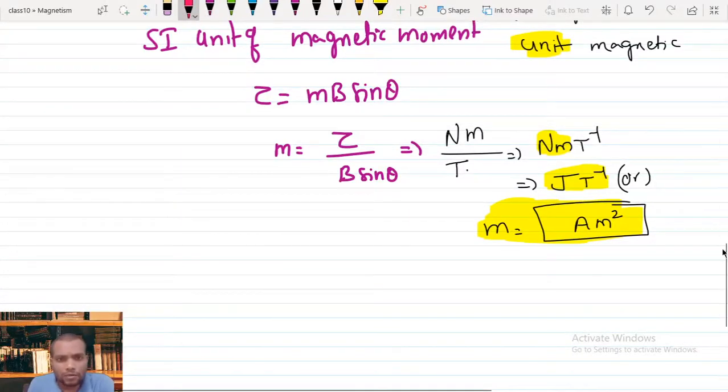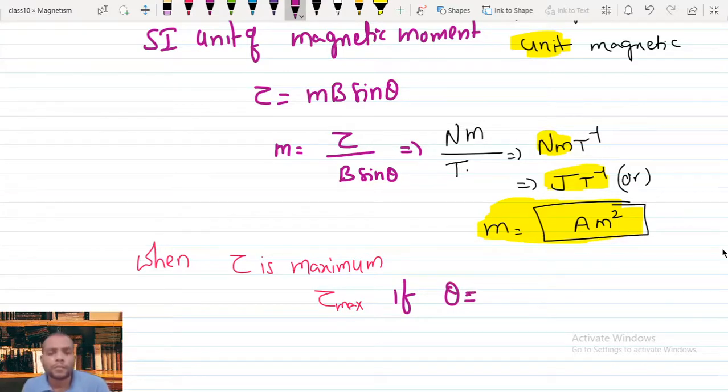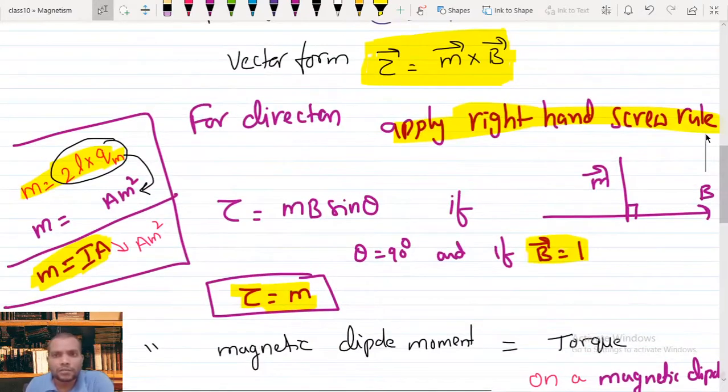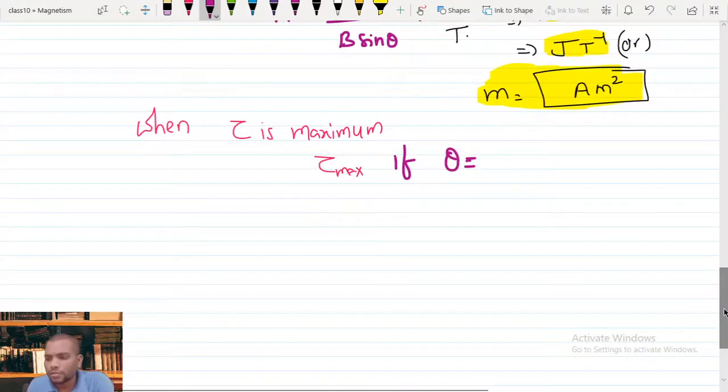And I would like to talk about when torque is maximum or when torque is minimum. When tau is maximum, tau max will be if the angle between the magnetic field and magnetic dipole moment, theta, the angle between m cross B, equals 90 degrees.